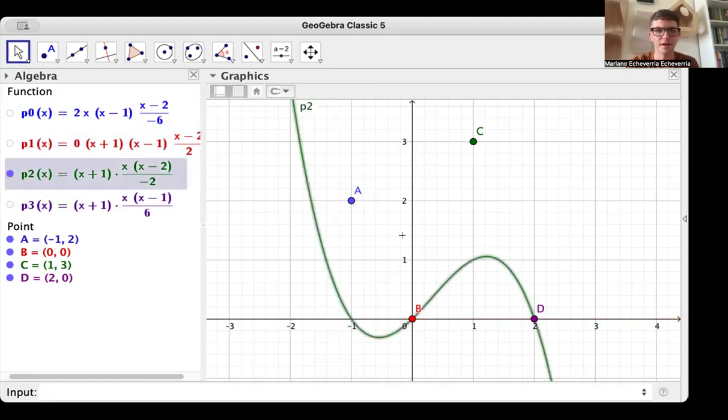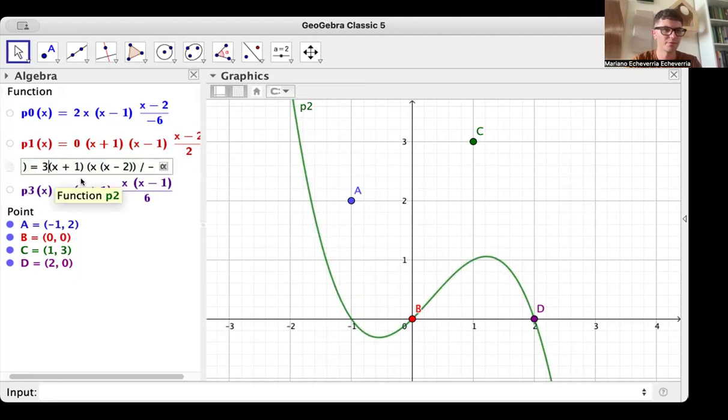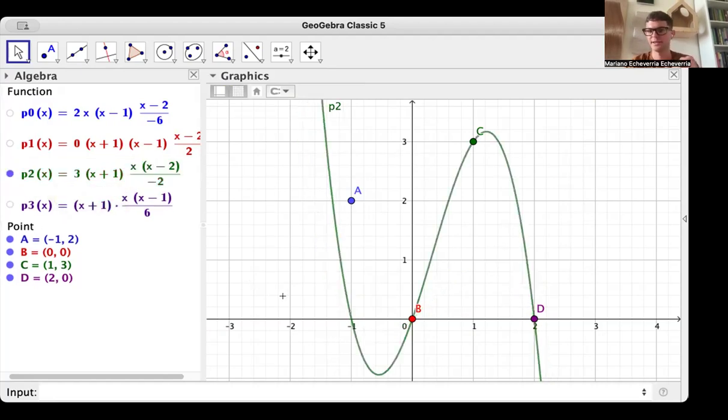And then for the next one, I wanted to pass through the point, so I have to multiply by 3 to raise it up, increase the height to that point. So I'll do 3 times that one, and now it passes through that point. And the last one will be a similar story, right?